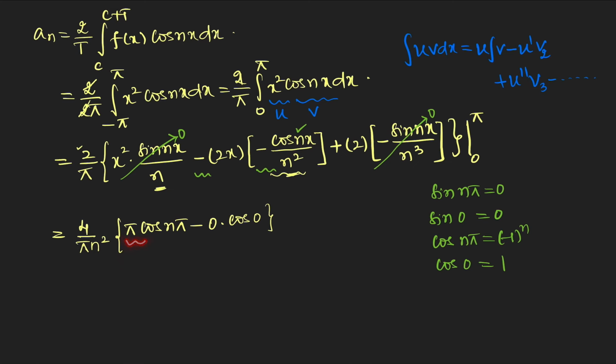So pi into cos n pi is pi into minus 1 whole power n.